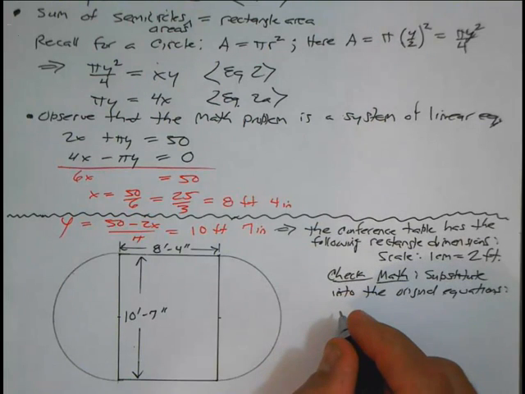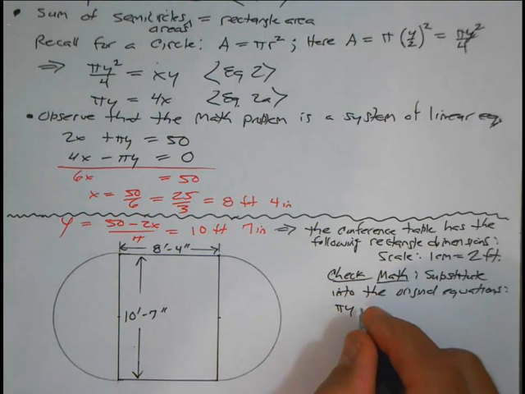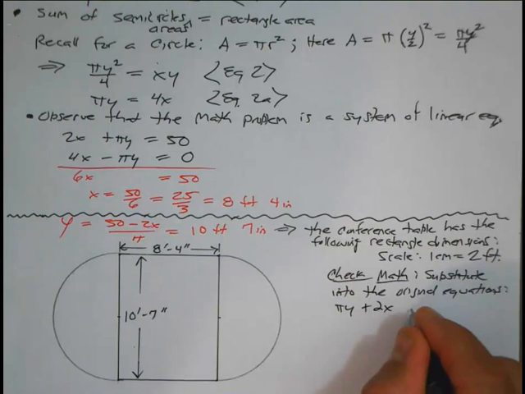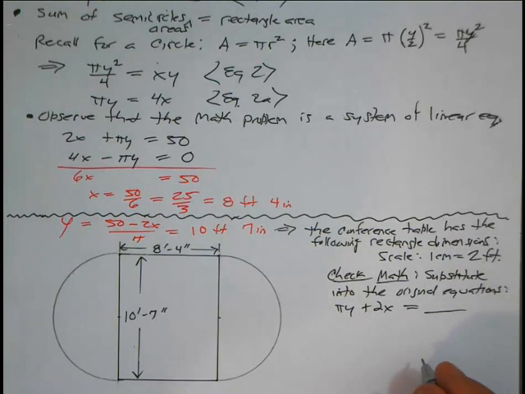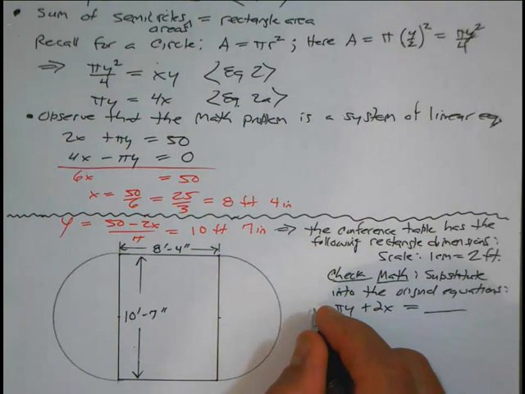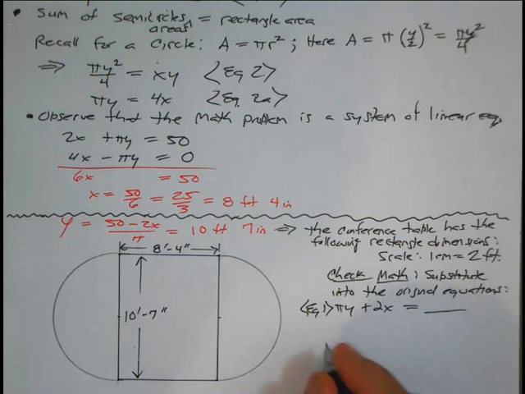Okay, going back to the first equation, its left-hand side was pi y plus 2x. Let's see what that turns out to be. Maybe we call this equation 1. And then we had equation 2.